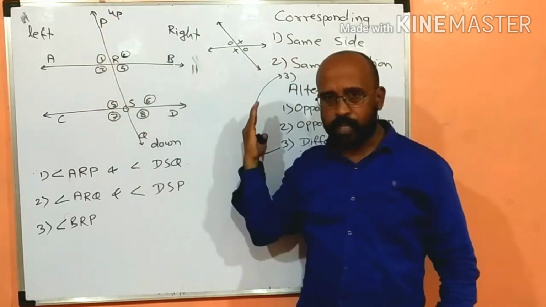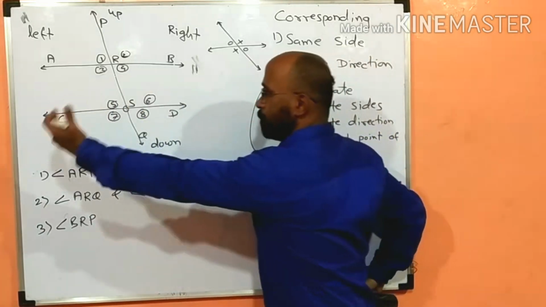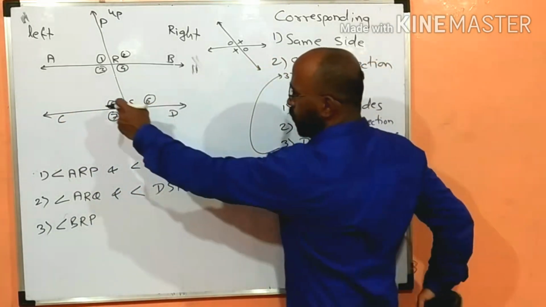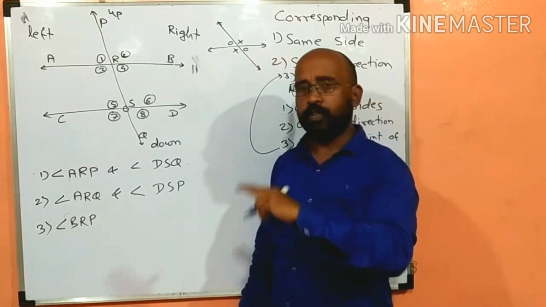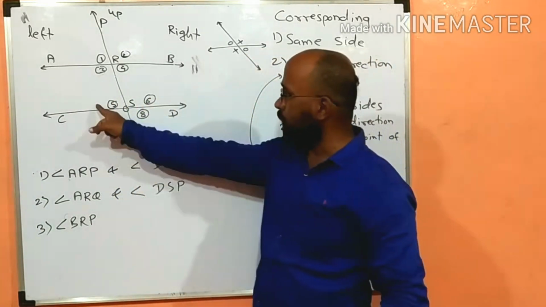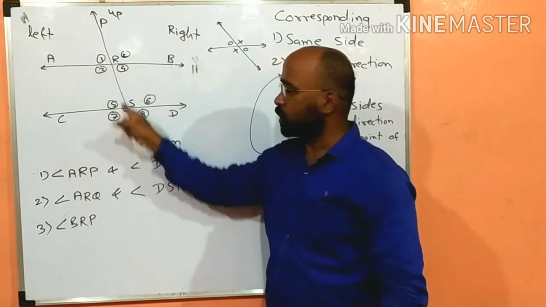BRP is on right side of transversal, so we have to look for alternate angle on left side of the transversal. So on left side these two angles are there, angle number 5 and 7. Among these two, which is the alternate? Let us see angle number 5. Angle number 5 is angle CSP.